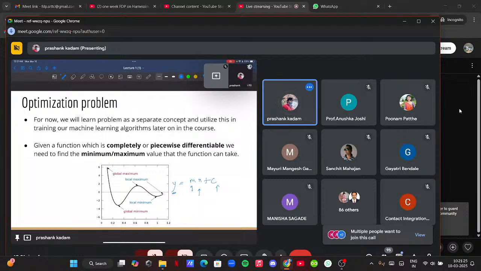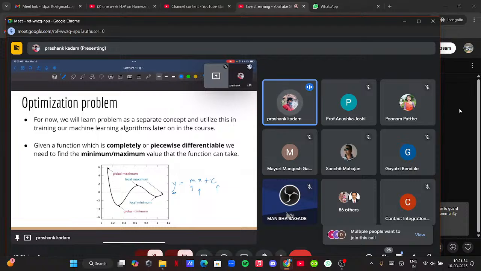In order to do that, we need to understand optimization, and this is very common through the whole machine learning literature. You will see that optimization is a part of each and every ML algorithm that we will be encountering from tomorrow onwards. So that's why I thought it is better to cover it in the first lecture itself.